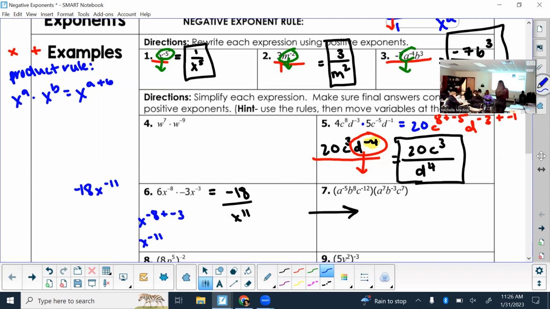So rewrite it. If there's no fraction bar, put one in there. The only stuff that moves across it is the stuff with the negative exponent. So that -18 doesn't have to move, even though it's negative, because its exponent is positive. So questions on that?